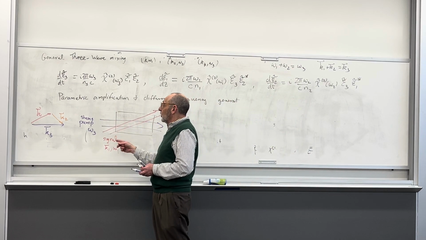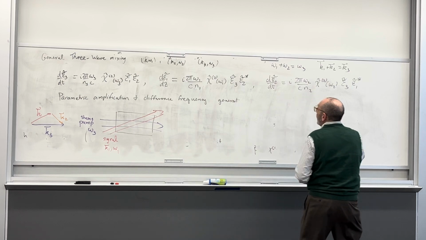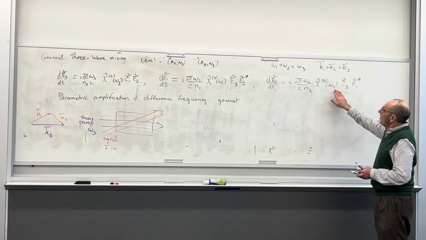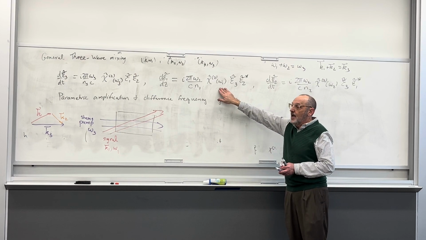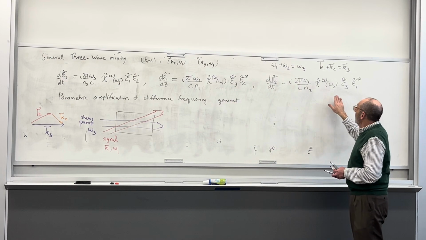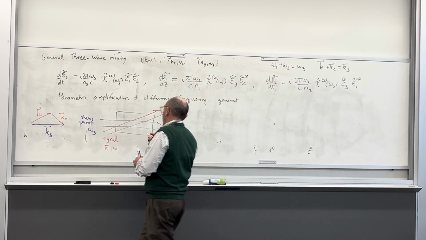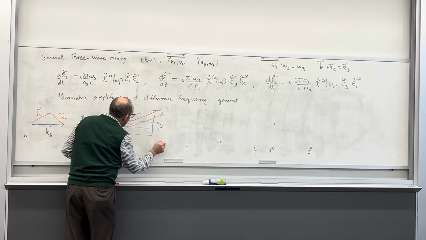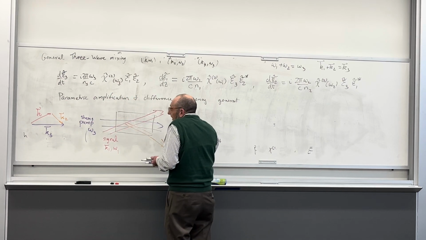Let's suppose that I have a strong effect here at both chi at omega 1 and chi at omega 2. I'm going to generate a third wave that's going to be generated, which has a name.